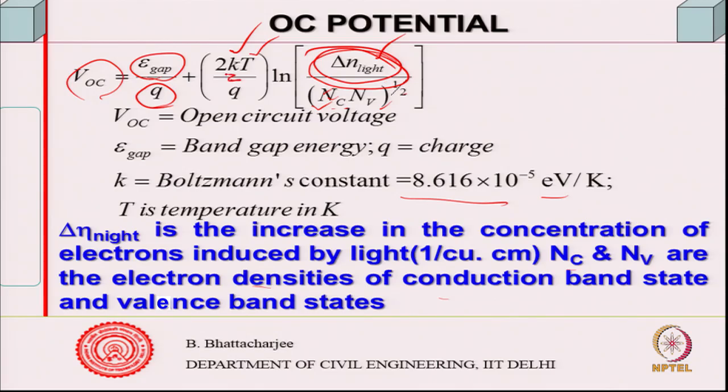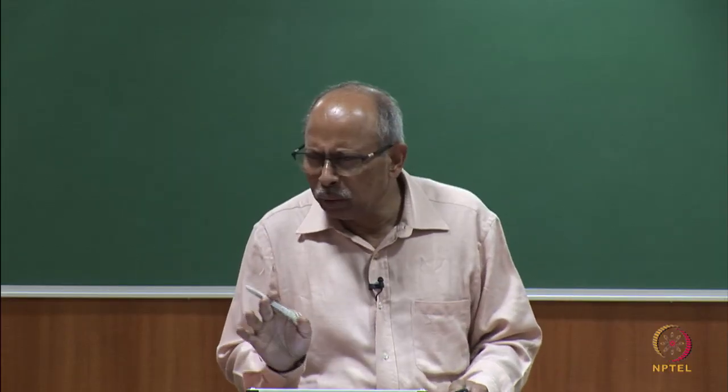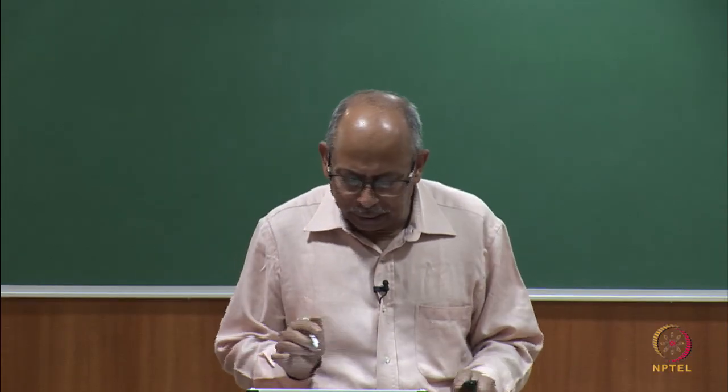This is the Boltzmann constant in electron volt per Kelvin, multiplied by Kelvin temperature, that means this gives you electron volt, which is the measure of energy, and if I divide by the number of charges, then I get volt. So, this is the expression for VOC, the open circuit potential. This is temperature in Kelvin and band gap energy, etc. So, one can actually find out the open circuit voltage from the fundamentals, but we do not really need it for our purpose, but we must understand this.